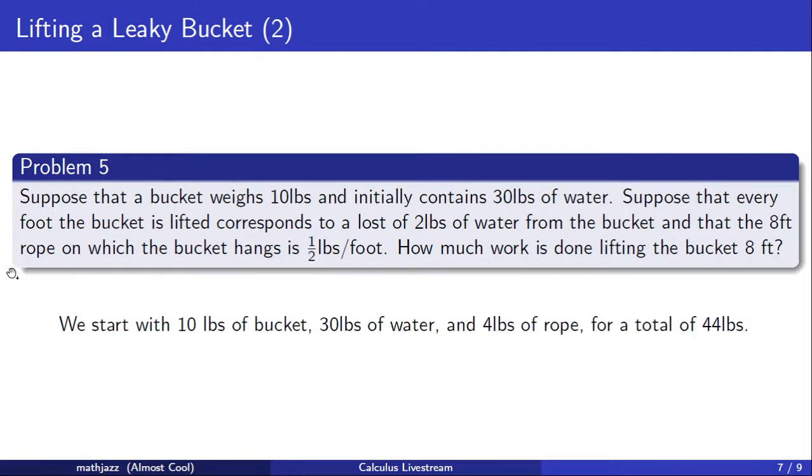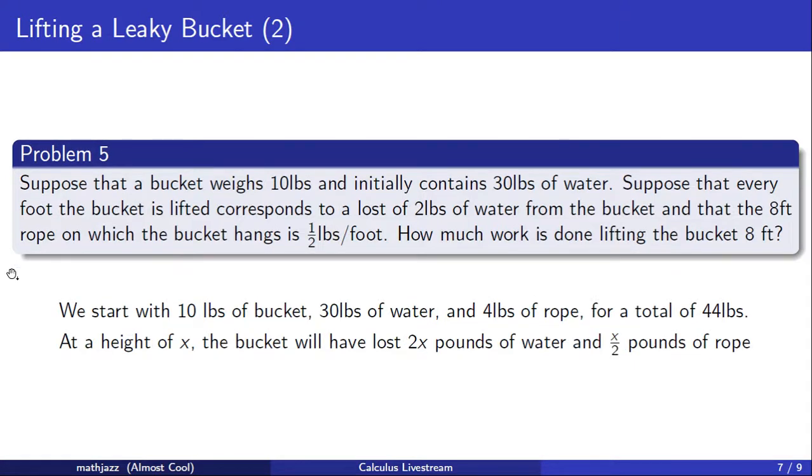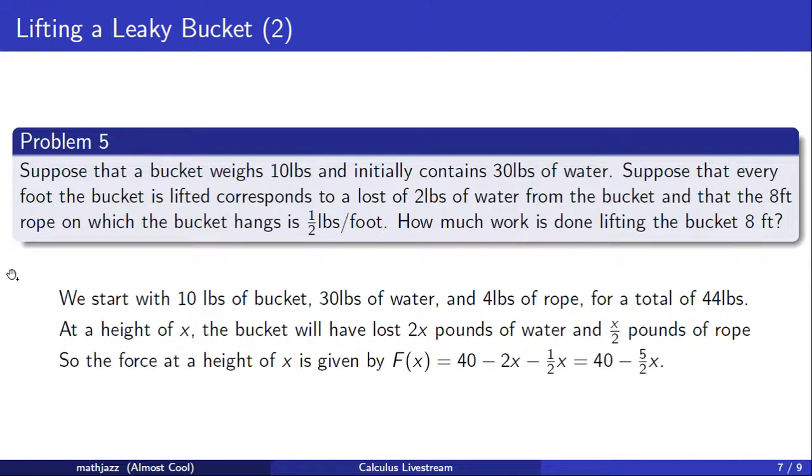We have 10 pounds of bucket, 30 pounds of water, 4 pounds of rope for a total of 44 pounds. At a height of x, we will lose 2x pounds of water, and we will have lost half of x pounds of rope. So our force equation is going to be the force at height x is equal to 44 minus 5/2 x.